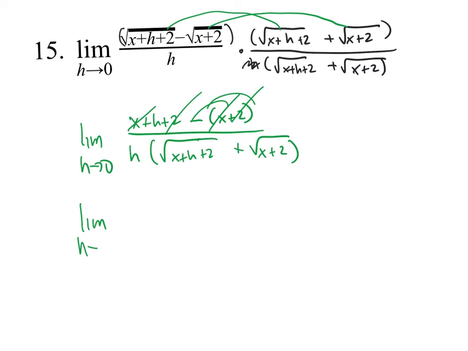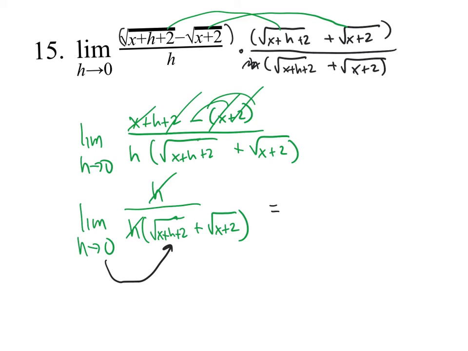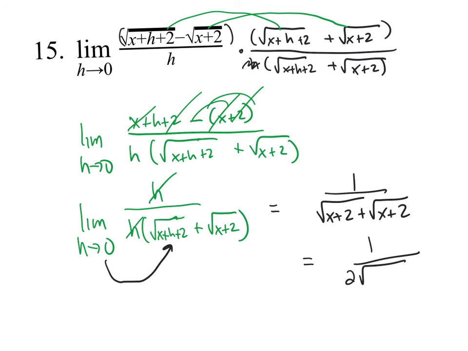So now I just have the limit as h goes to 0 of h over h radical x plus h plus 2 plus radical x plus 2. Well, look, the h's cancel. So now if I put 0 in for h, I'll just end up with 1 over radical x plus 2 plus radical x plus 2, which is going to be 1 over 2 radical x plus 2.